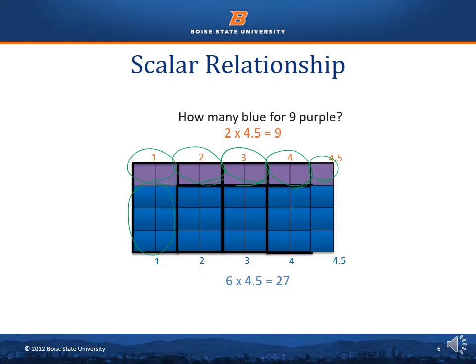But then we would need to continue this same scaling relationship to the blue squares, which initially began with 6, and then was scaled by the same factor of 4½ sets to give us the resulting 27 blue squares for the 9 purple squares.